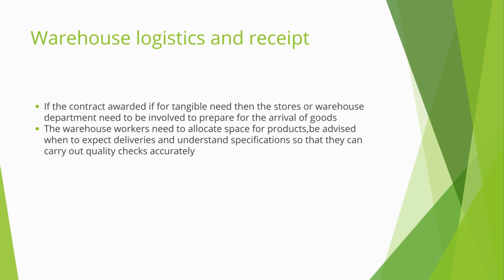Because sometimes it's very difficult to carry out quality checks accurately when you don't understand exactly a description, or you don't have a description, or when you don't understand the requirement.